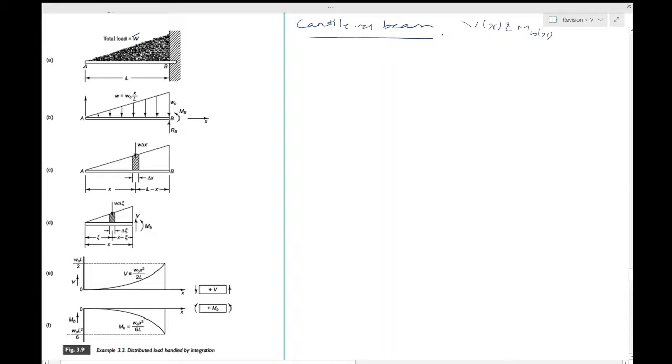This is sort of a revision of what we have just done, so if you have missed out the method, here is another chance. So the loading has been idealized; this is the actual, and this is the model.